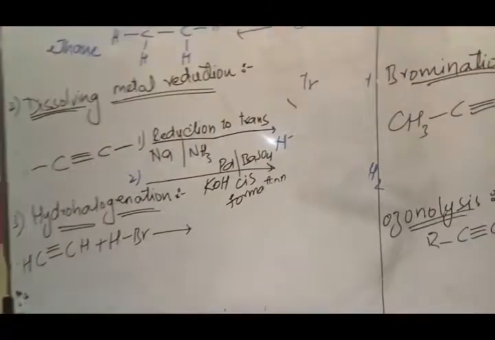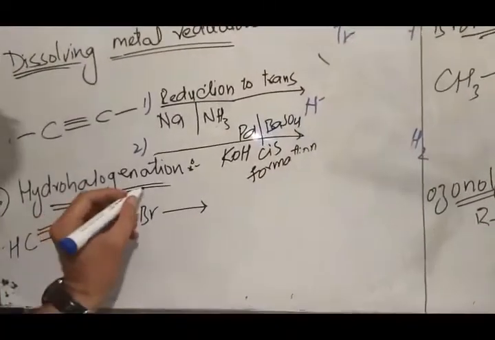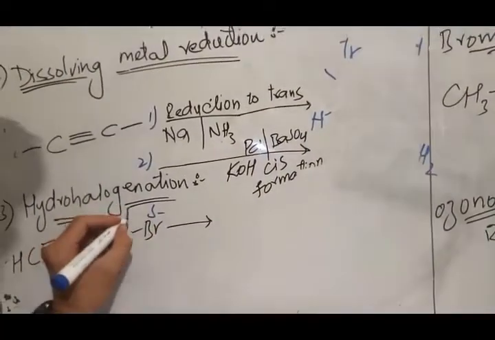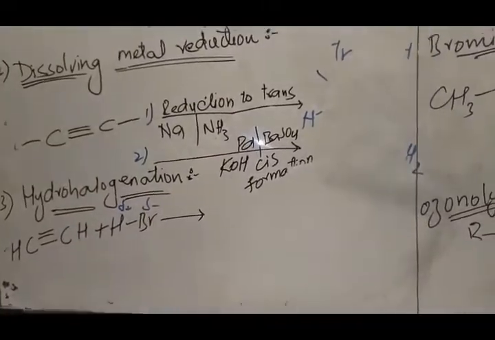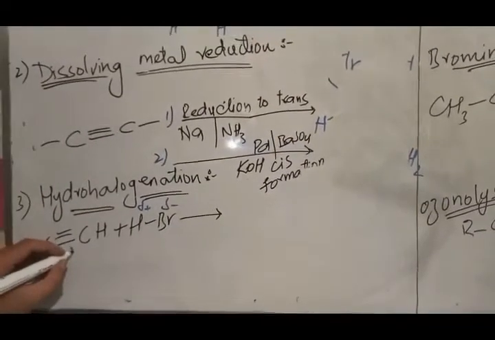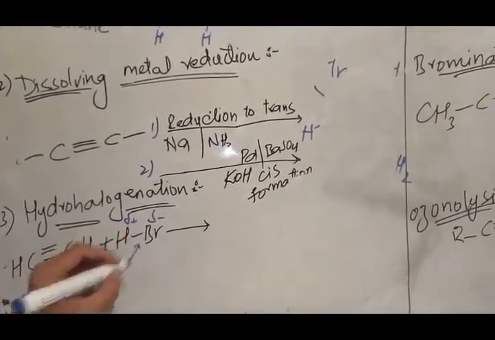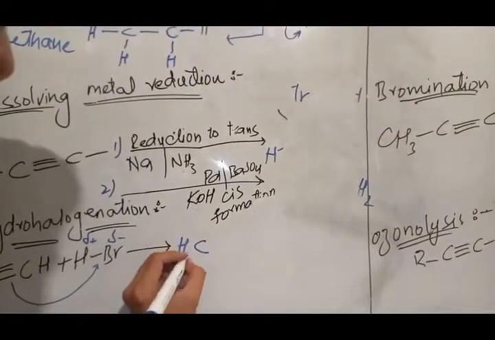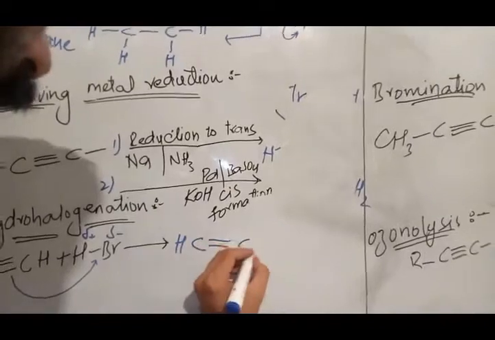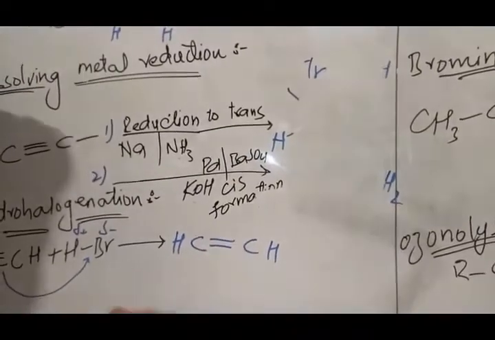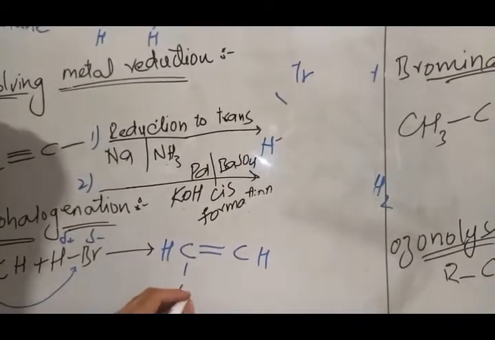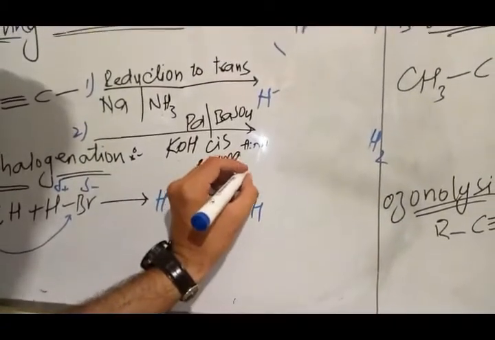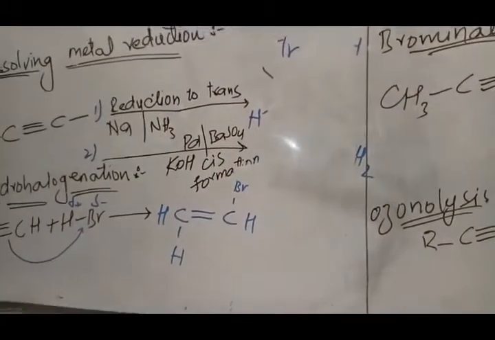In the same way, we have this negative and this positive element. So the arrow comes from this pi bond as a nucleophile, and our first addition will give us this product, CH double bond CH. One H will be placed at this point and one bromine will be placed at this point.